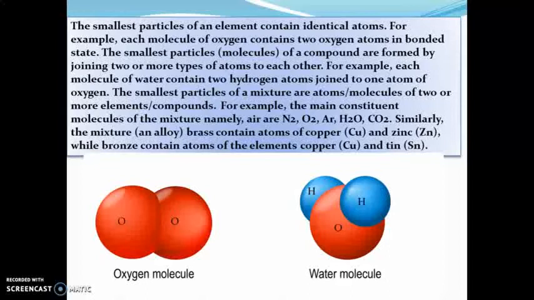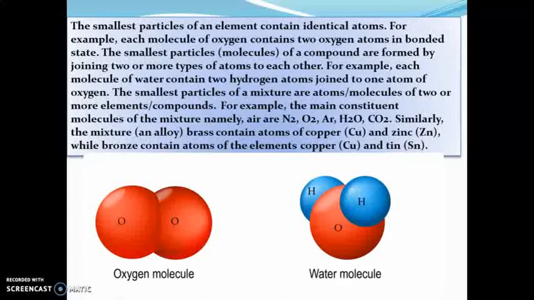For example, the main constituent molecules of the mixture air are N2, that is nitrogen, O2, that is oxygen, Ar, that is argon, H2O, that is water vapor, and CO2, that is carbon dioxide. Similarly, the alloy brass contains copper, zinc and lead, while bronze contains copper and tin.